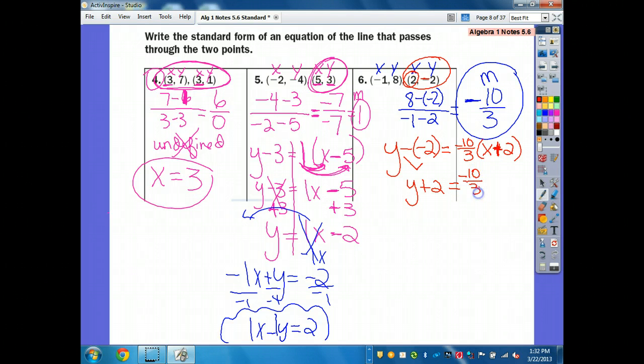negative 10/3 x. A negative times a positive is a negative. What is 10 over 3 times 2 over 1? Negative 20 over 3. Now we get to do the fractions that you all love so much.